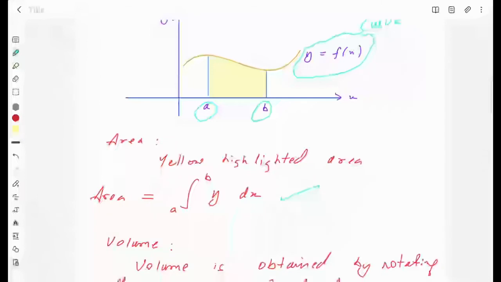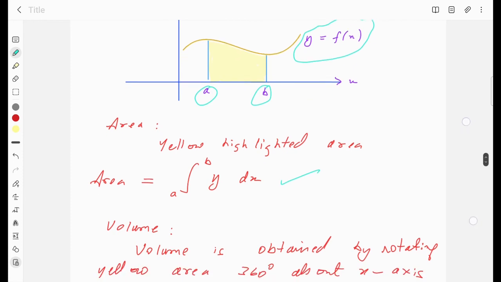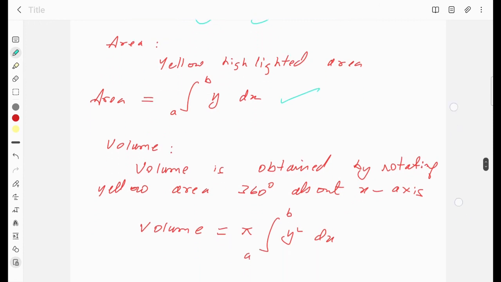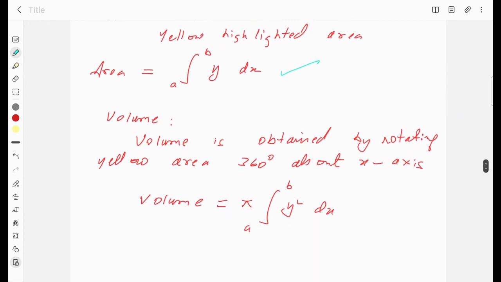Now if you rotate this yellow highlighted area 360 degrees about the x-axis, you will get a solid. And volume of that solid is pi y squared dx for the same limit a and b. So this is how you find volume using integration.